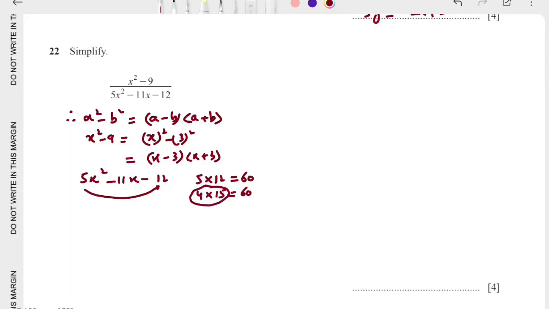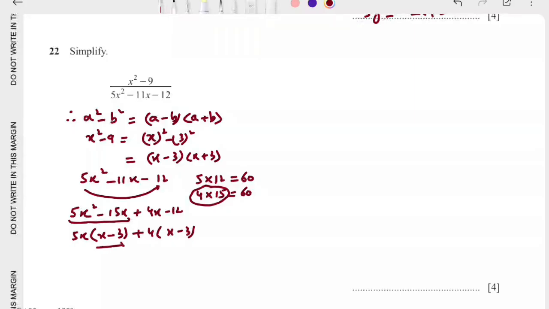So it would be 5x² − 15x + 4x − 12. 5x is common, and 4 is common. In both, x − 3 is common. So (x − 3)(5x + 4) is the factorized form.